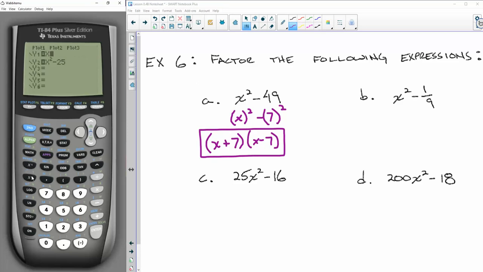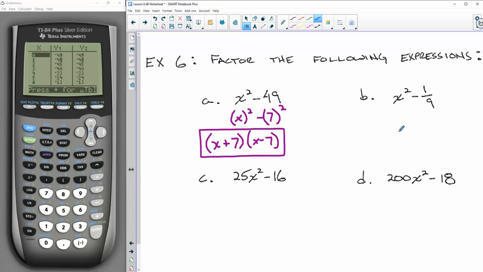X squared minus 49, x plus 7 times x minus 7. I only see one parabola show up. Let's check the table. Yep, same tables.